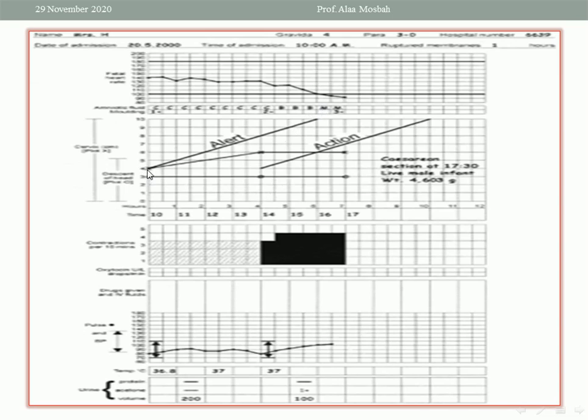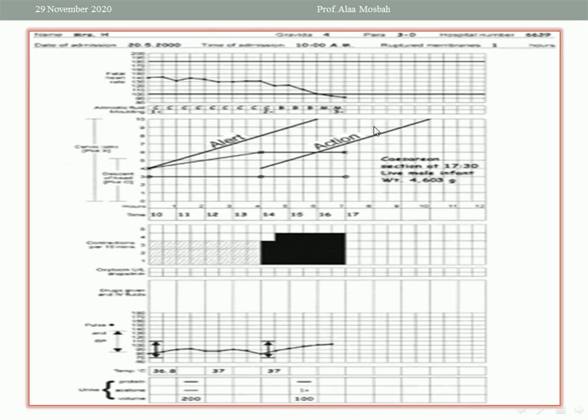What about cervical dilatation? Cervical dilatation slowly progressing past the alert line, in the area between the alert and action line, then arrest of cervical dilatation and crossing the action line. Dangerous sign. What about descent? There is no descent over the time. Every 2 hours there is no descent.